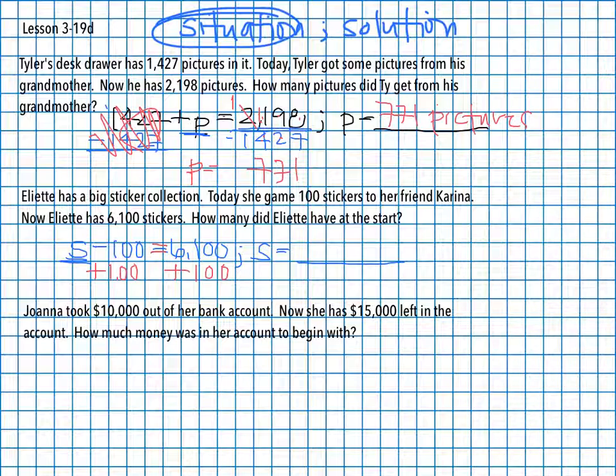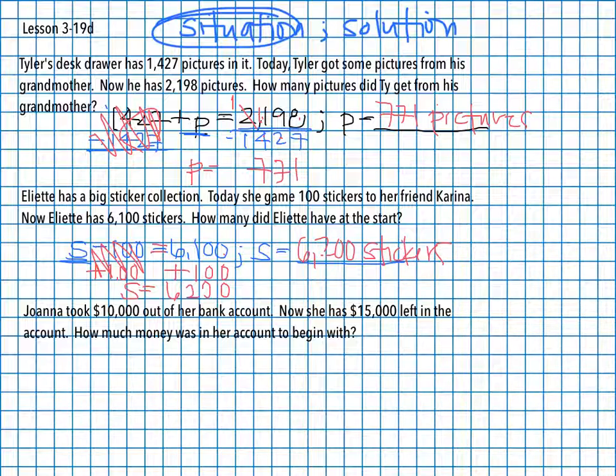So now as we go to solve this, this is going to cancel out and be 0, and all we're left with is S. And now we're going to add 100 to 6,100. We're going to get 6,200. So the number of stickers that Elliot started with would be 6,200, and let's label that stickers.